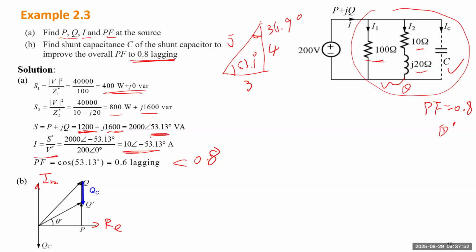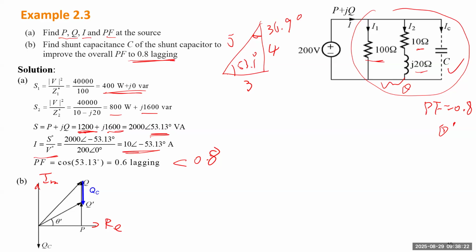And this is Q, 1600, and the total angle is 53.1 degrees. That will be a 0.6 lagging power factor. And we want to improve the power factor to 0.8, which will make this angle smaller, such that this divided by that part becomes 0.8.